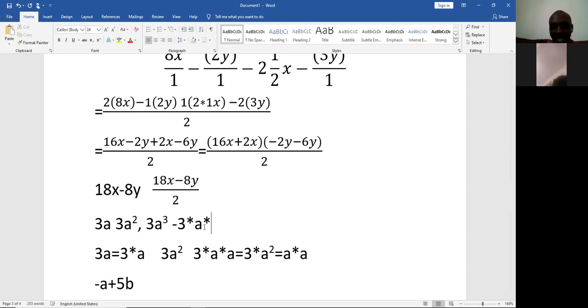So here it is a and a and a. So these cannot be like terms. 3a is not like terms with 3a squared, and 3a squared is not like terms with 3a cubed. Why? Because here there is only one a, 3 multiplied by a. This one is 3 multiplied by a multiplied by a. This one is 3 multiplied by a 3 times. So you should not confuse these ones as like terms.